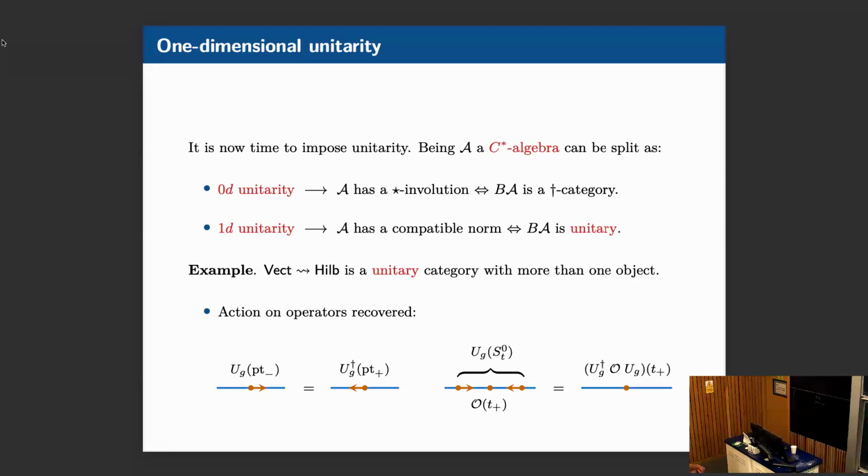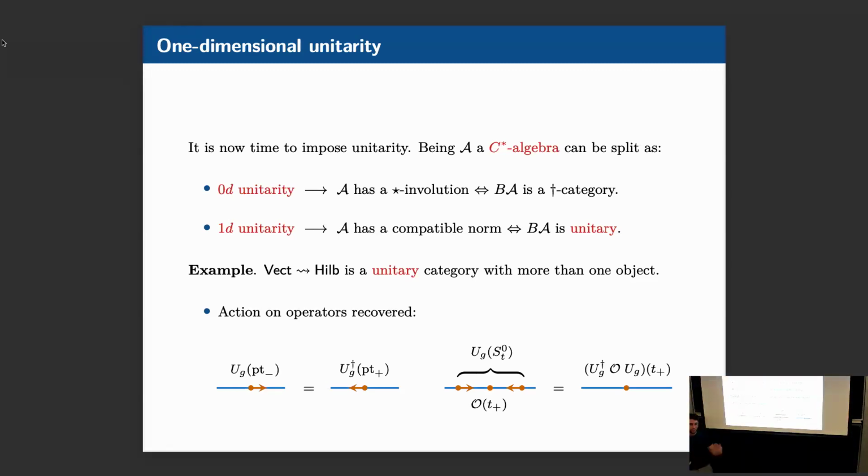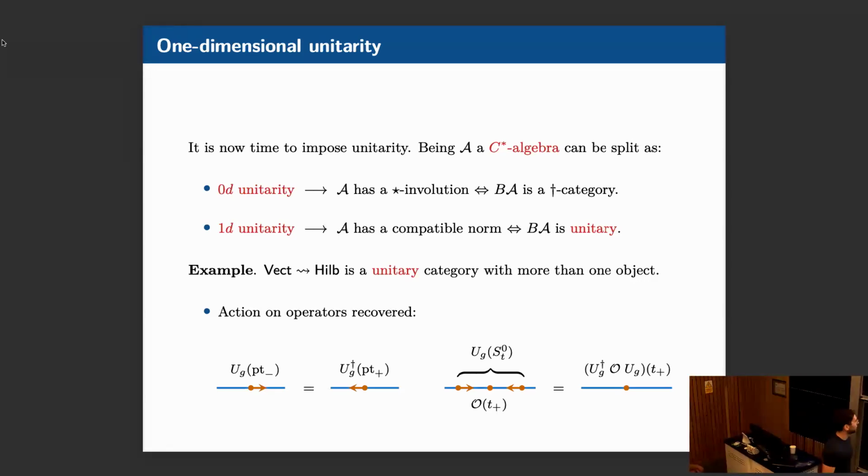But we want to model that using some categorical formalism so that eventually you might be able to see some structure and then be able to generalize it in higher dimensions. So what we want is to impose some notion of unitarity on these points, which is compatible with reflection positivity that you want to have on your quantum mechanical system.